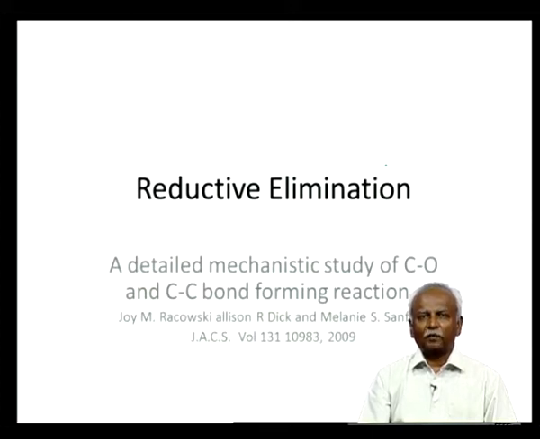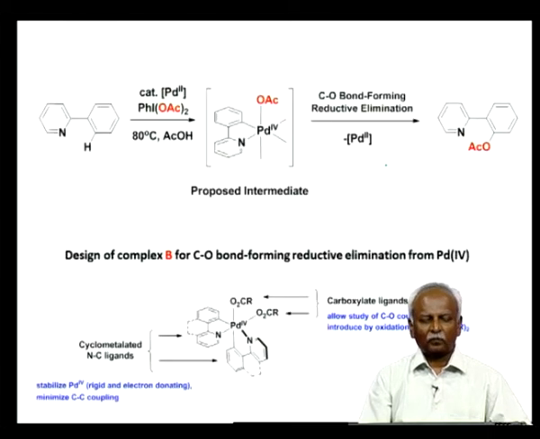CO elimination is favored, and the research has been focused on how we can make CC coupled products. So, let us take a look at this reaction in detail, which will help us to understand some very important principles.